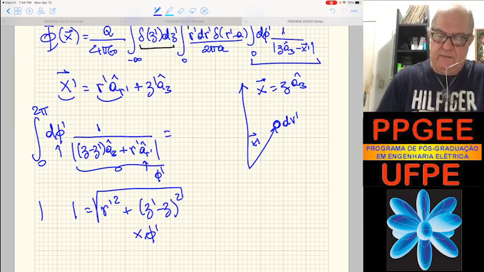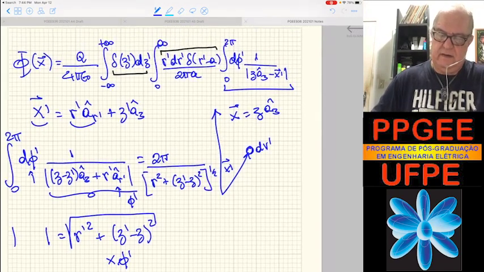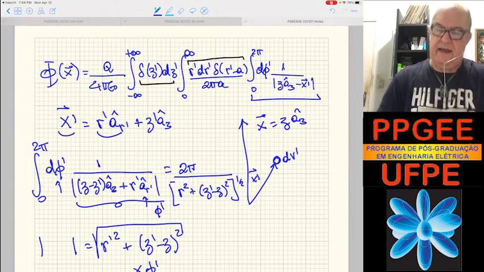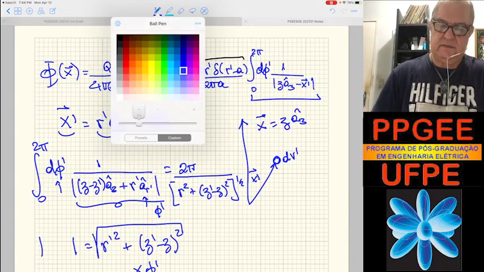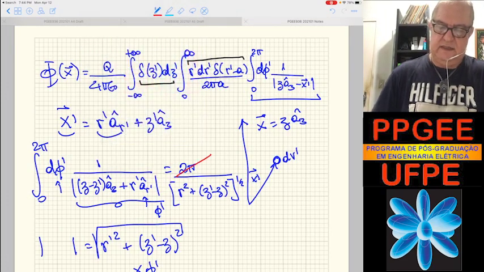So the result is 2 pi divided by (r squared plus (z prime minus z) squared) to the 3/2, right? So I'm going to put this 2 pi here, and we're going to cancel this with this.